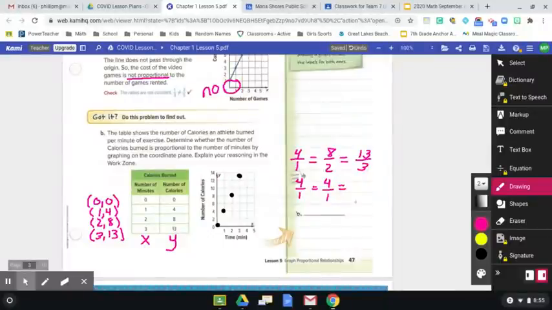Now when I come to this last one, 13 over 3, that's going to give me 4.3, and it repeats. This last ratio is not equivalent to the first two. If that would have said 12 over 3, then yeah, it would actually be a proportional relationship. But because this last piece of the table is off a little bit, they're not equivalent to each other.